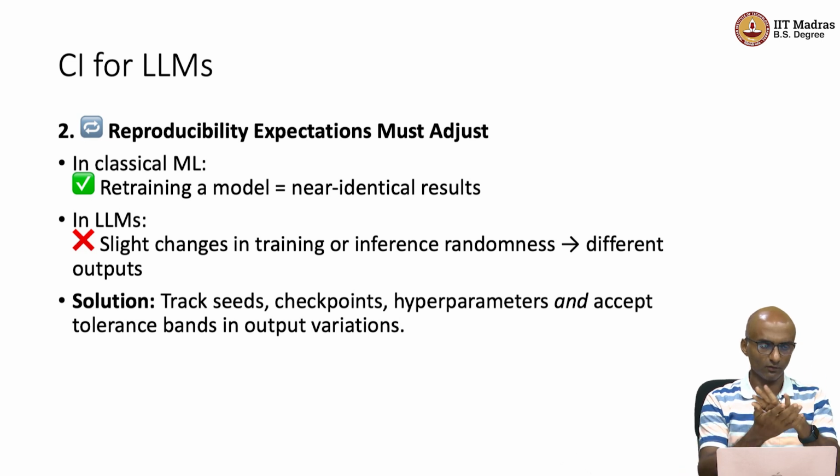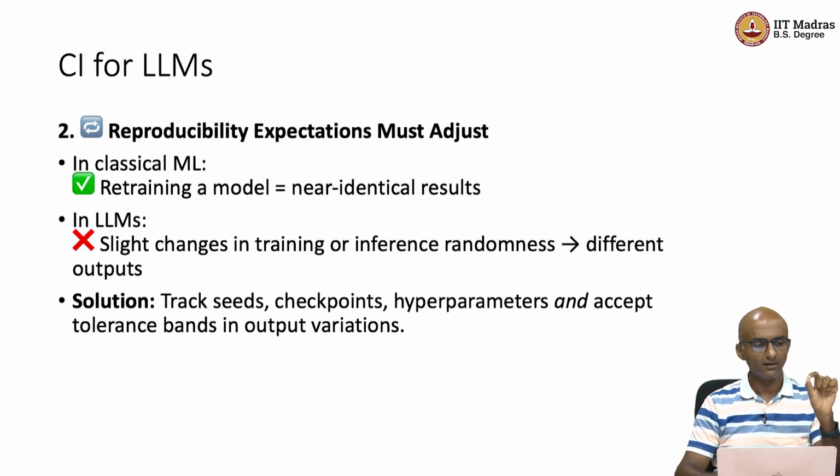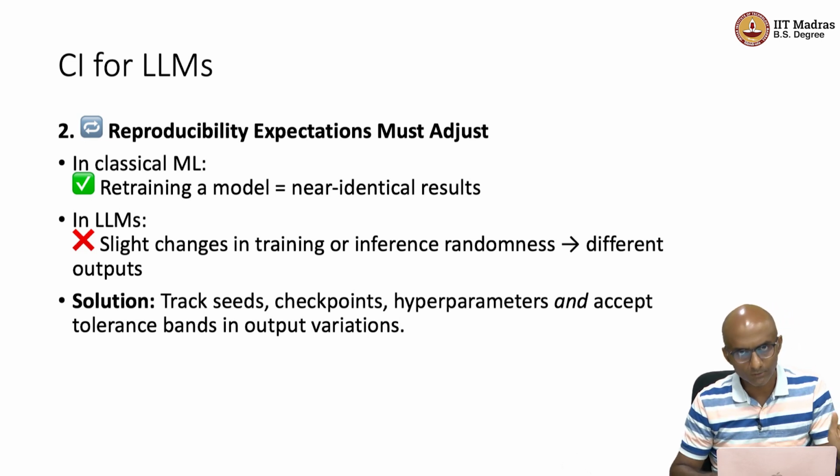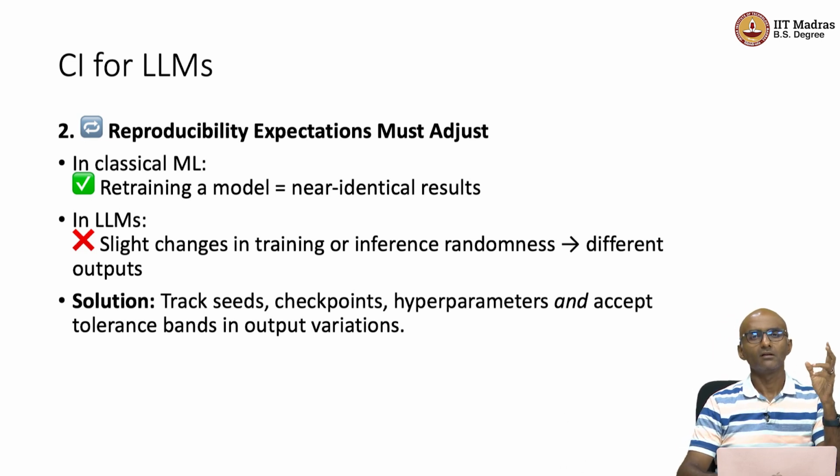So make sure that all of those are constant, and at the end of the day, also be willing to accept some bit of tolerance in the output variations. Some bit of output variation will be there, so you've got to be okay with that. How do you model the output in the testing? That'll have to be domain specific, specific to the kind of problem statement that you are asking.